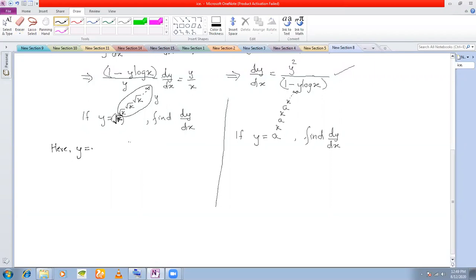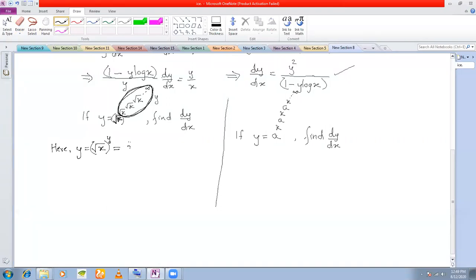y is root x to the power of y, isn't it? Because if I take all this to be y, the root x has been raised to the power of y. Then what to do?